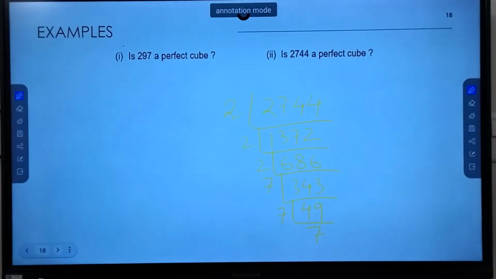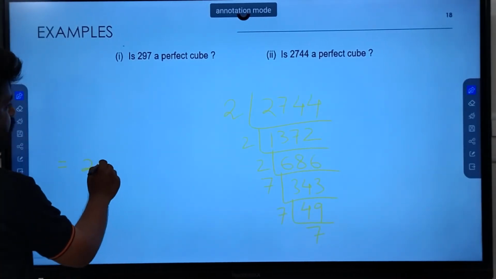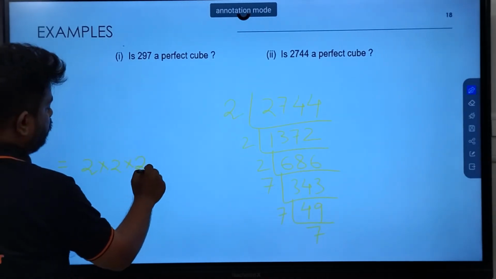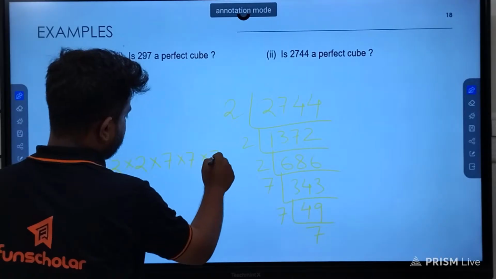Yes, this is a perfect cube. So from this we got 2 into 2 into 2 and 7 into 7 into 7.